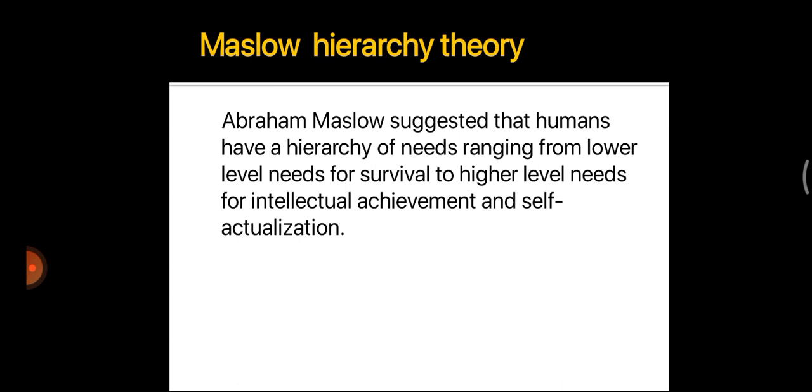So Maslow called the 4 lower level needs for survival, followed by belonging, then self-esteem. When these needs are satisfied, the motivation for fulfilling them decreases. He labeled the 3 higher level needs: intellectual achievement, then aesthetic aspiration, and finally self-actualization needs.